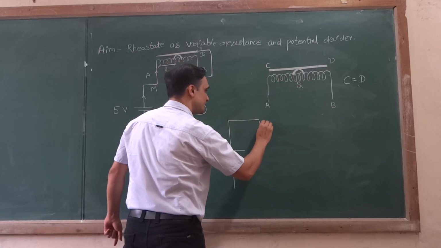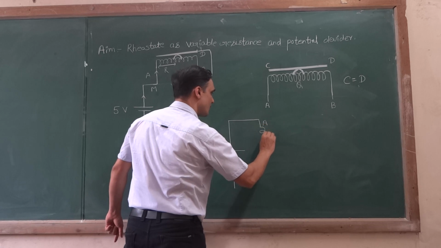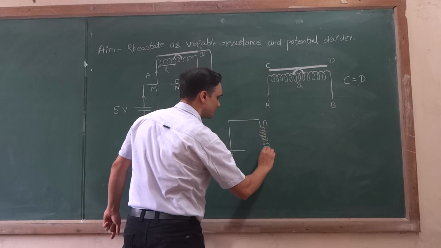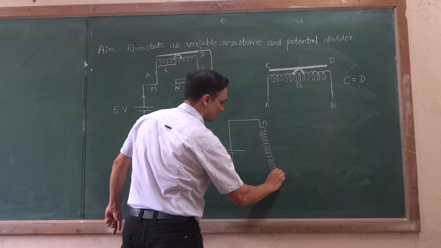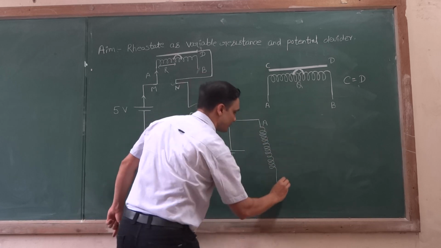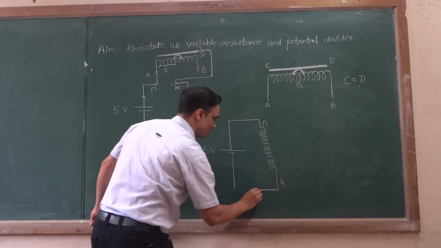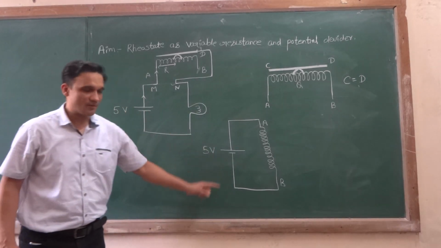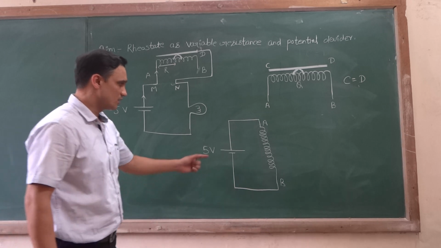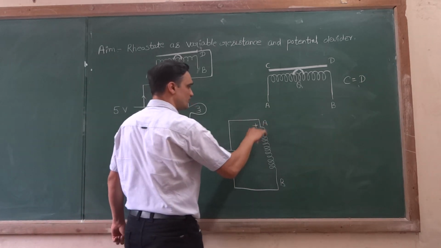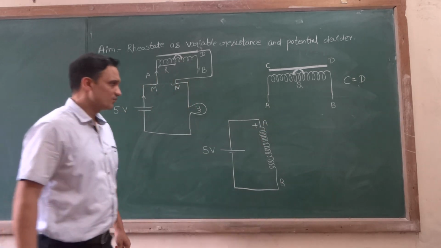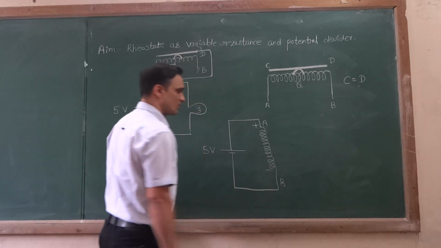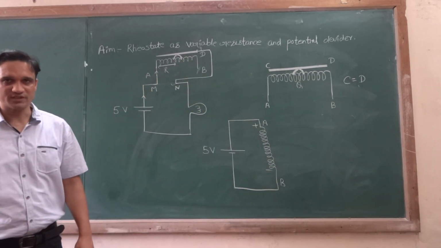So let me take the point A connected over here, and this is the rheostat, and this is the point B. So the first step is to connect both ends of the rheostat with the voltage source. So this is the positive terminal of the battery, and this is the negative terminal of the battery at the other end of the rheostat.